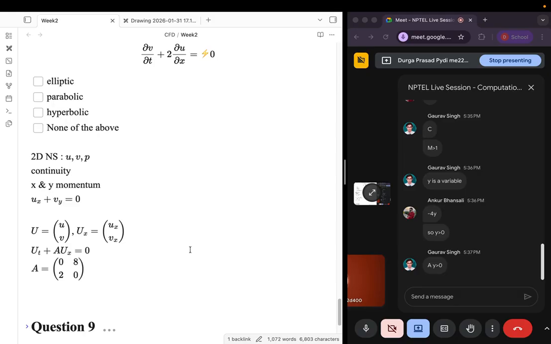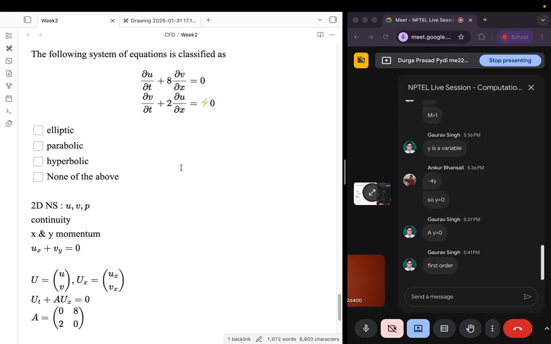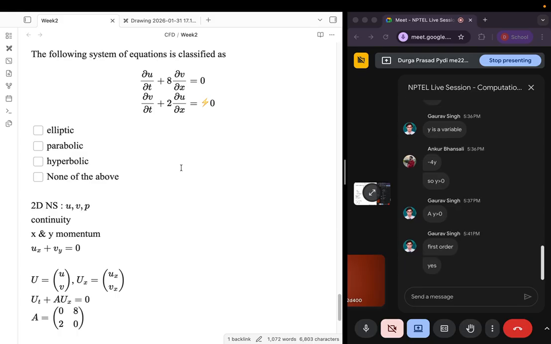And one more distinction here is, what is the order of this equation? Each equation is essentially a first order equation. So can I convert this into a second order equation? These are basically two first order equations. Can I combine them into one second order equation?